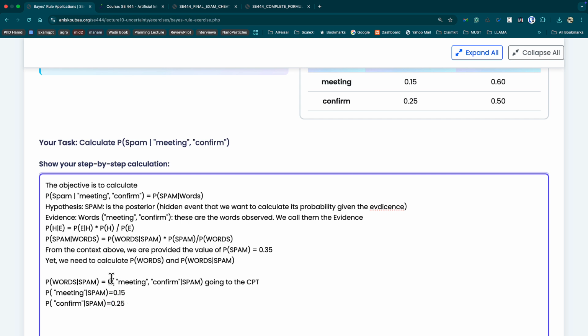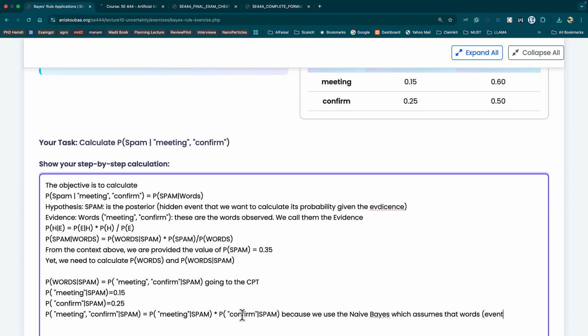Now, if I want to calculate this, it is equal to the product. What is the reason of writing this? Because we use the naive Bayes, which assumes that words or events are independent.